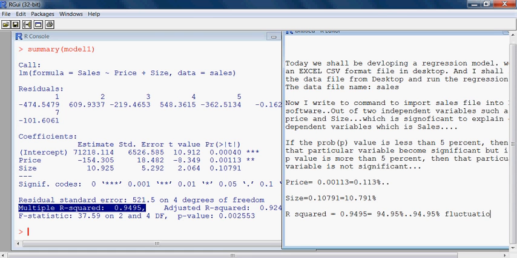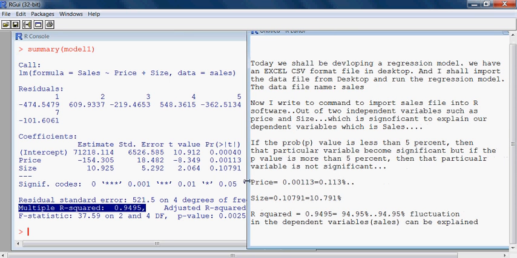fluctuation in the dependent variable, right, which is sales, can be explained by two independent variables such as price and size jointly, right?